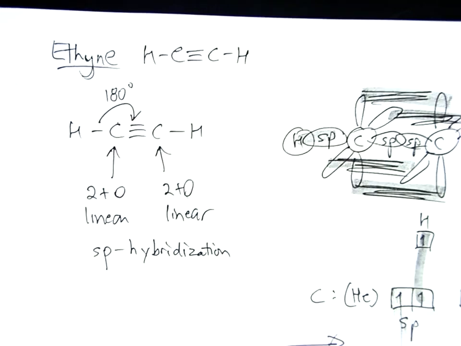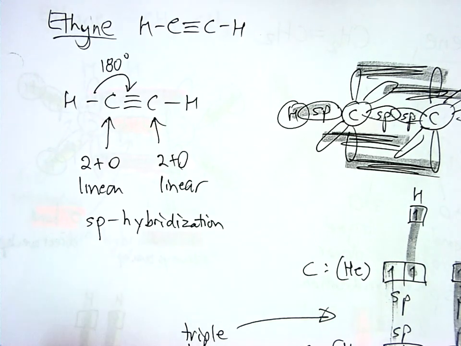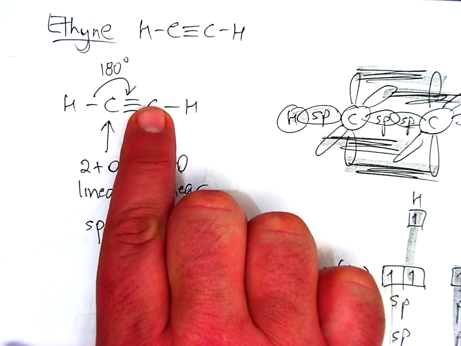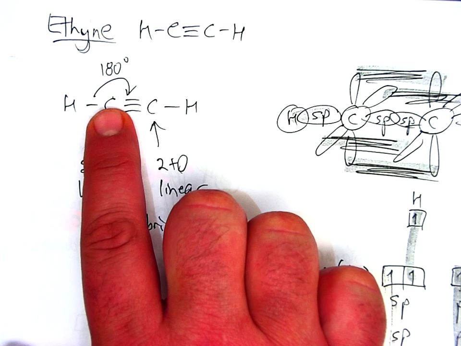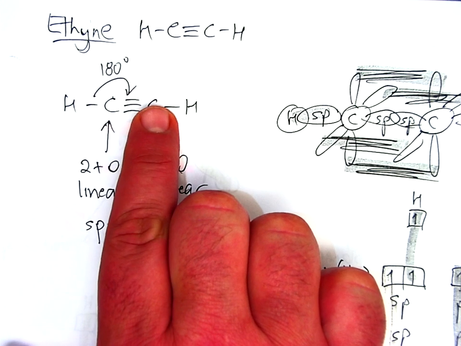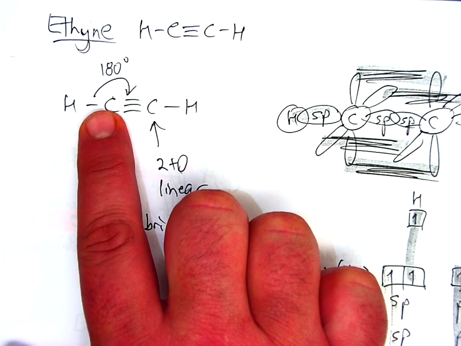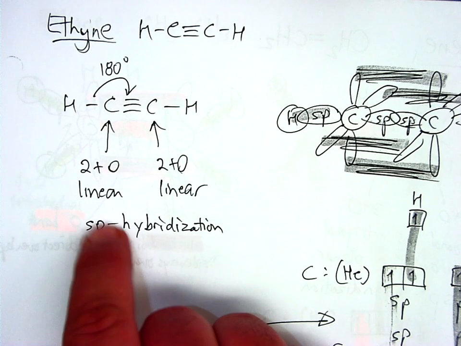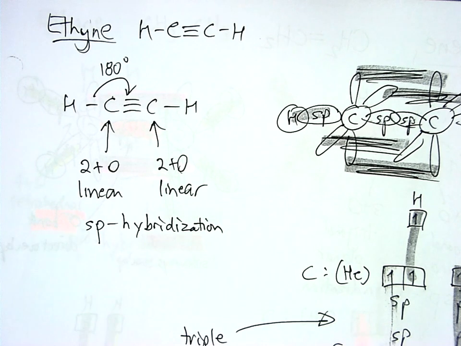We know that something else must be happening because analyzing VSEPR theory, there's only two atoms attached, there's no lone pairs, so there's a requirement of having two identical spots for bonding and no more. So we only need to mix together an s and a p and undergo sp hybridization.